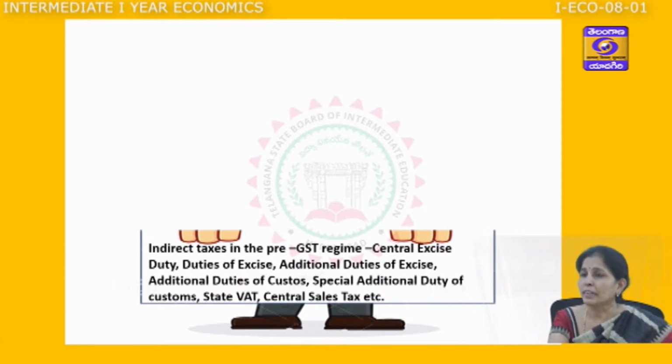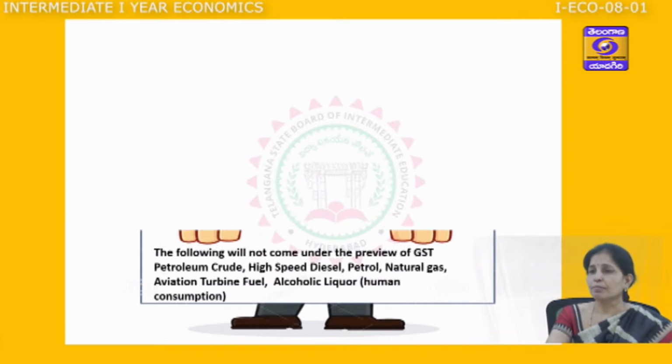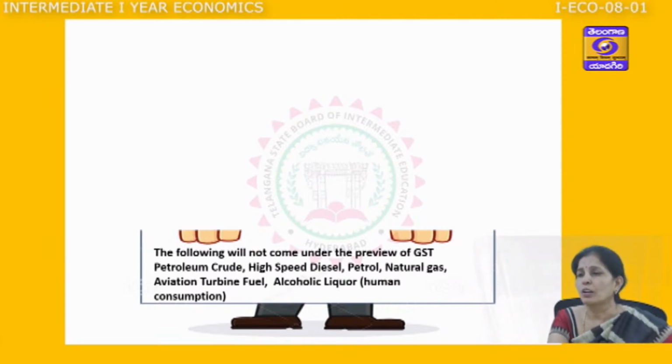They were indirect taxes in the pre-GST region: central excise duty, duties of excise, additional duties of excise, additional duties of customs, special additional duty of customs, state VAT, and central sales tax, etc. Some taxes do not come under the purview of GST.